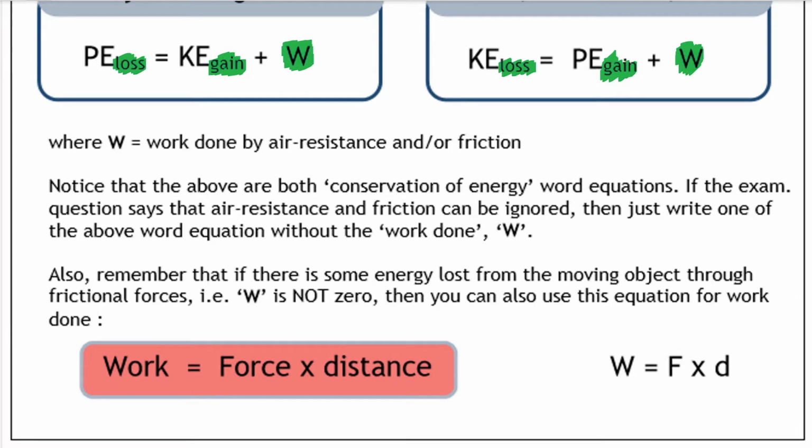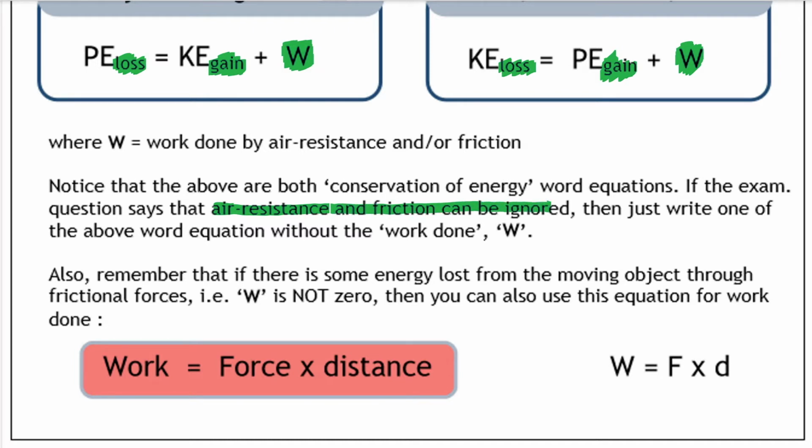For higher tier, we have to be able to carry out calculations. They make an important point on that first paragraph, and it says, in an exam question, it will tell you whether air resistance and friction can be ignored.